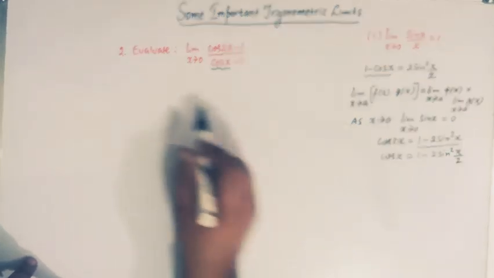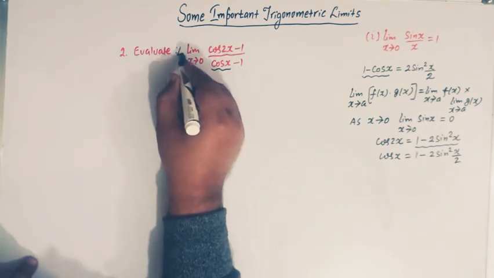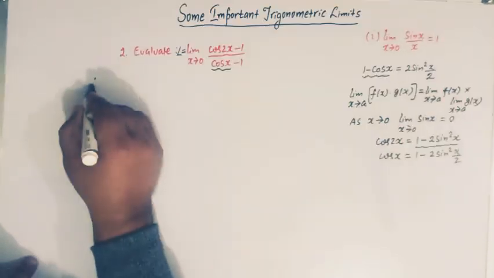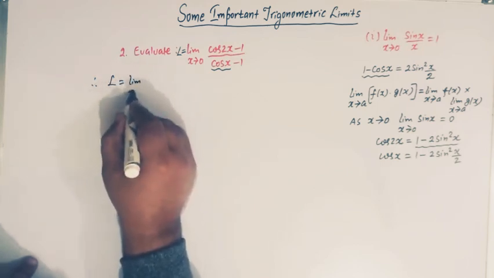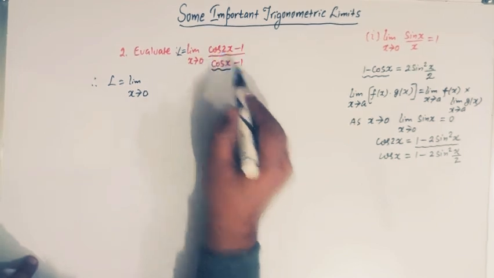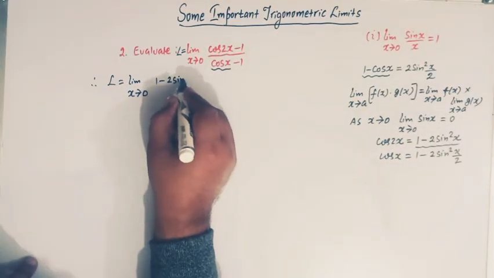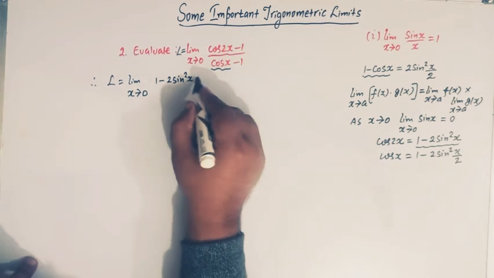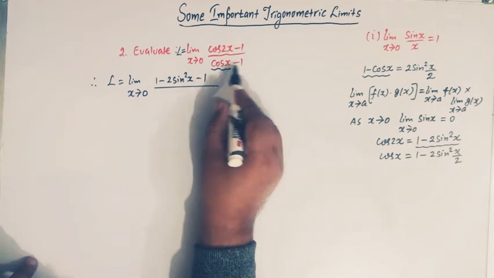So let us substitute the values. Let us call this limit L. Therefore L is equal to limit x tends to 0. For cos 2x we have 1 minus 2 sine square x, then minus 1, divided by cos x minus 1.